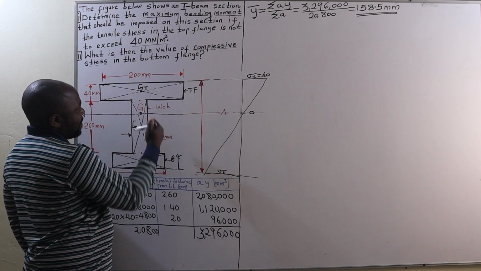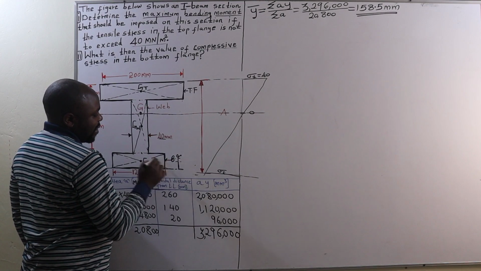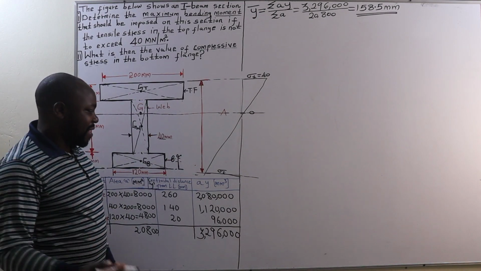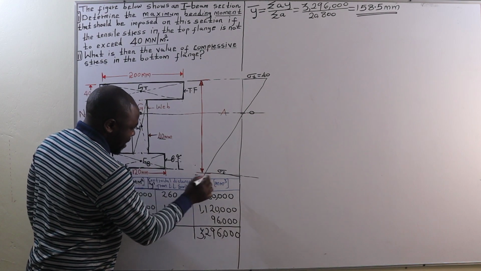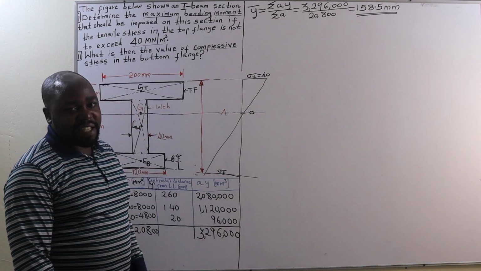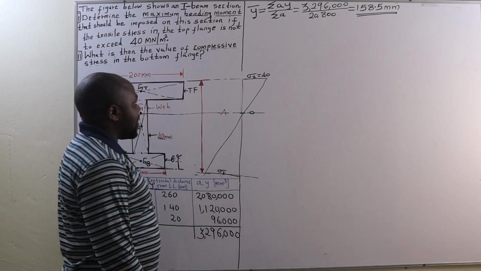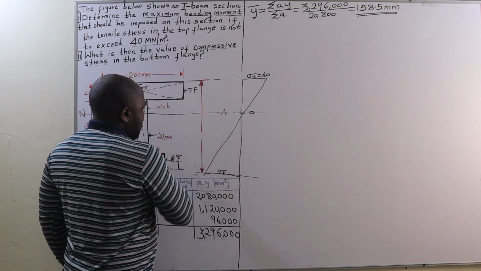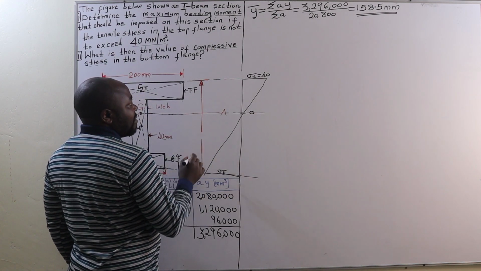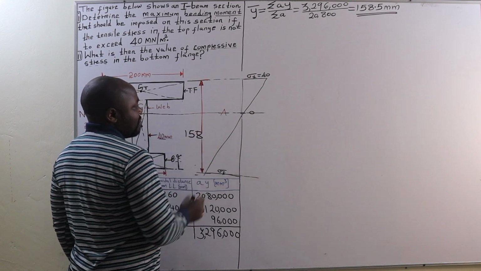The bottom flange is subjected to compressive stress, and this bottom fiber is subjected to the maximum compressive stress.